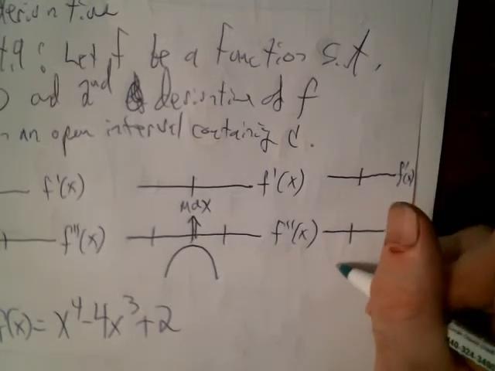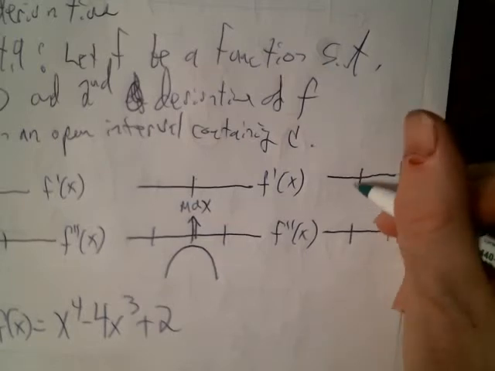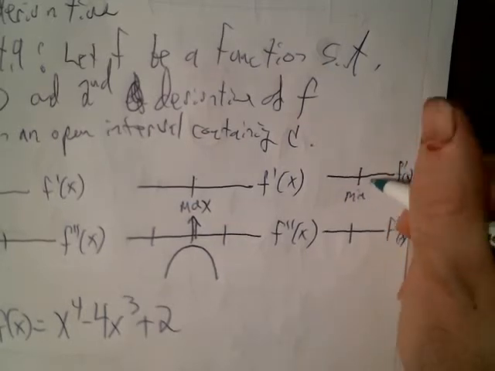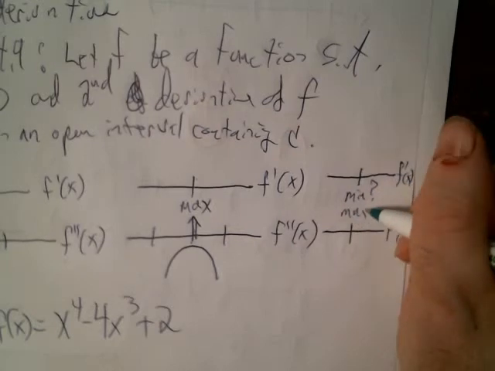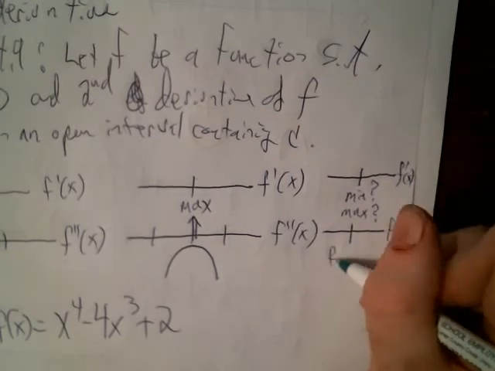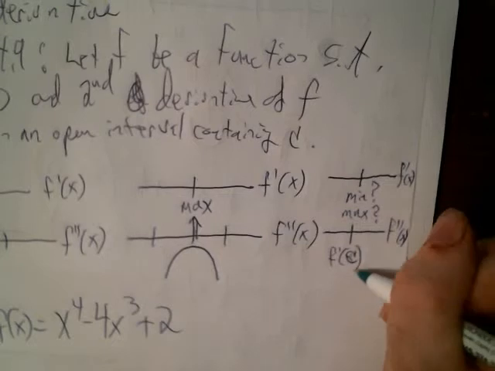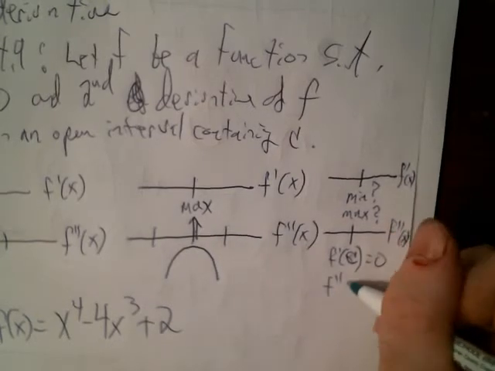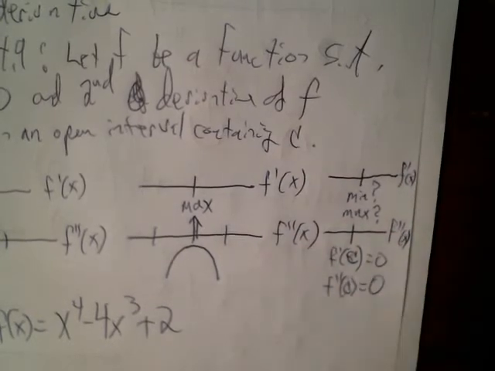So you don't know if it's max or min when f prime of c is equal to 0 and f double prime of c is equal to 0.